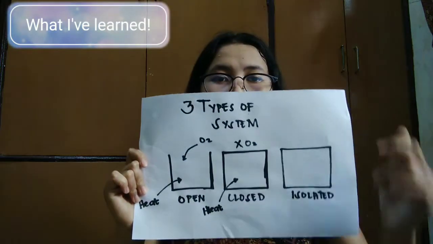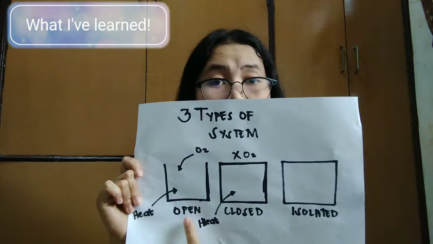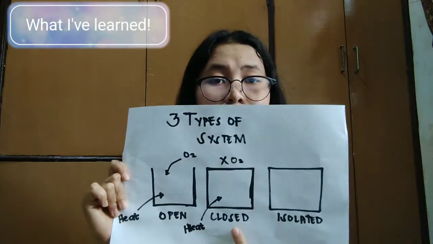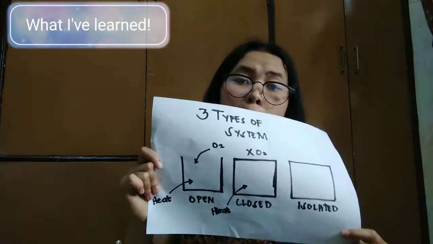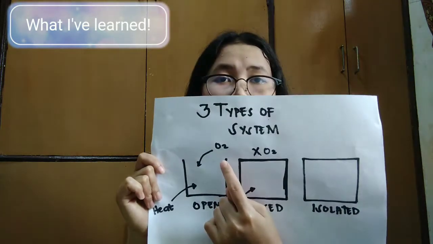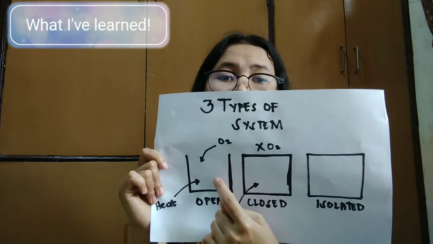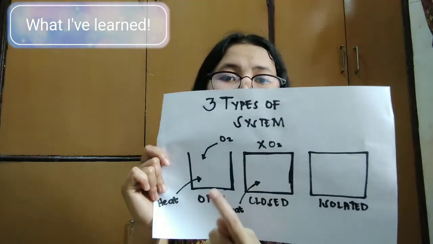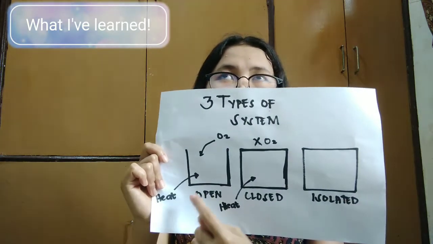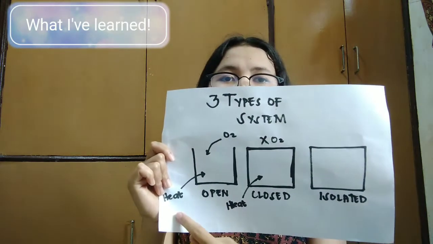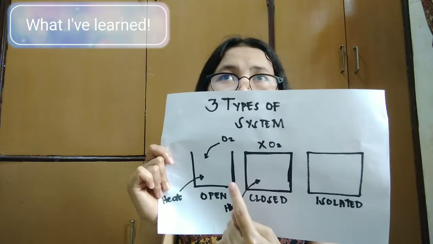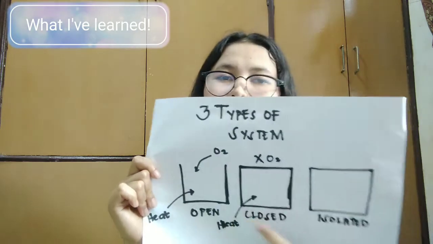There are three types of system. First is the open system, second is the closed system, and last is the isolated system. In an open system, matter, or oxygen, can enter, and heat energy can also flow in. So matter and energy can be transferred into or out of an open system.